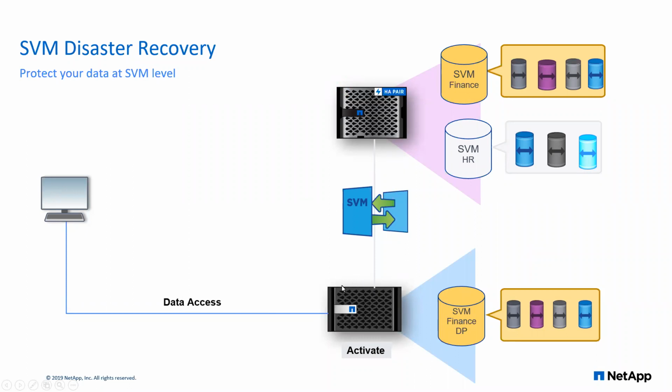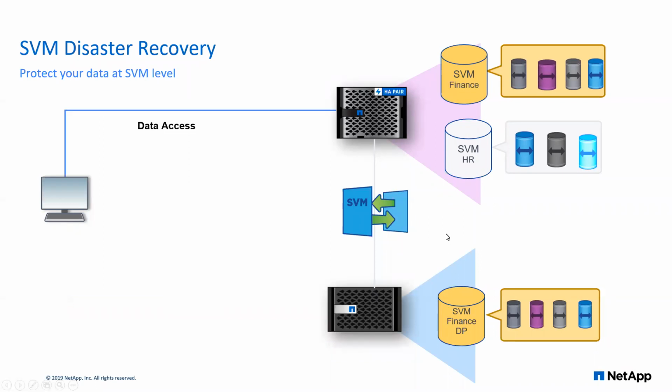Any changes that we've made to the configuration of SVM Finance DP, any volumes that we've added, all that's going to be resynced back to the original source when we resync. So that failover and failback is very simple. And we're back to data access as usual. Cool. So that at a high level is what SVMDR is and how it works.